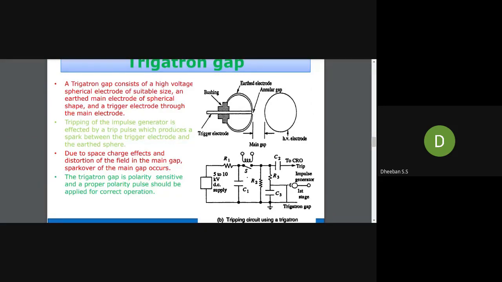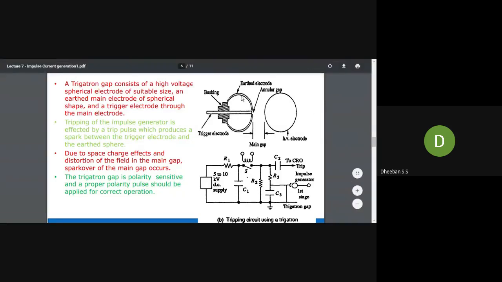But in the Trigatron gap, you can manually control it. Tripping produces a spark between the trigger electrode and the earth sphere. This is your trigger electrode, which will be responsible for the tripping of your impulse generator.